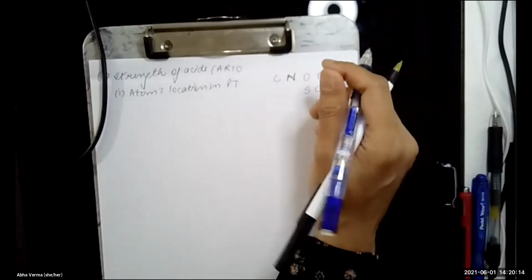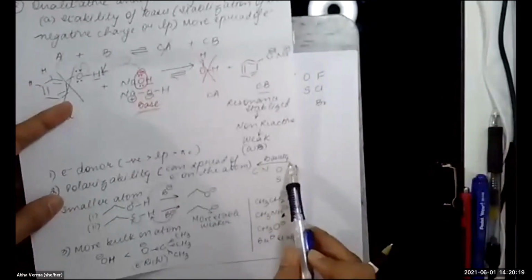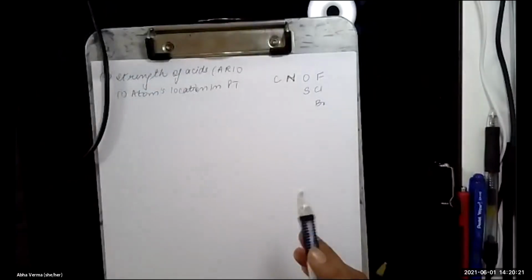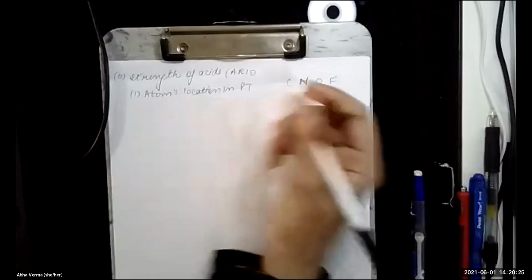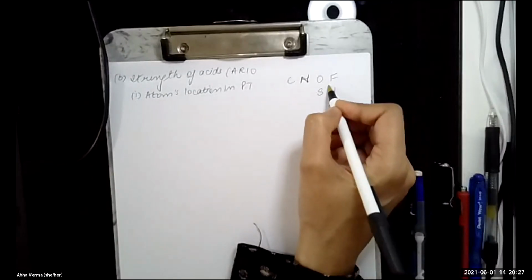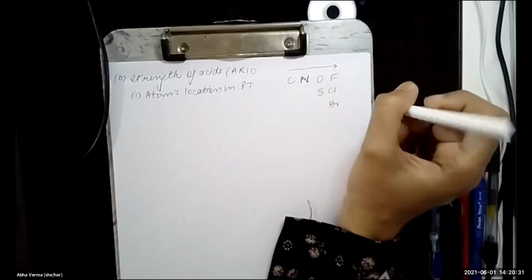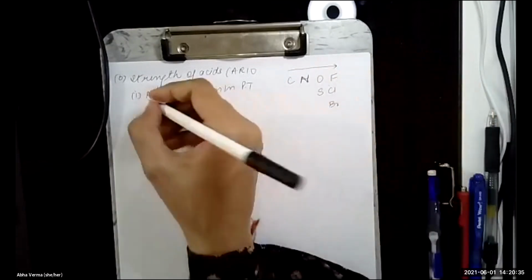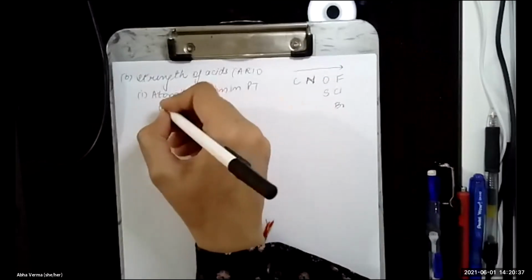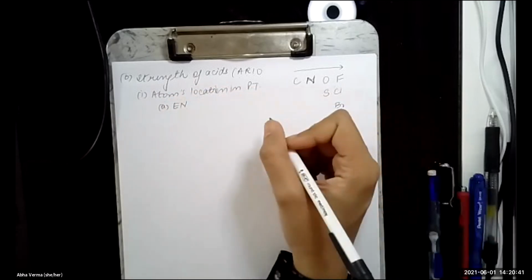We just observed that basicity increases when we move towards the left of the periodic table. One of the first things you must remember is that acidity will increase as the electronegativity increases. So, electronegativity of the atom.